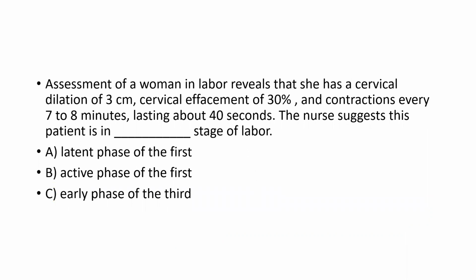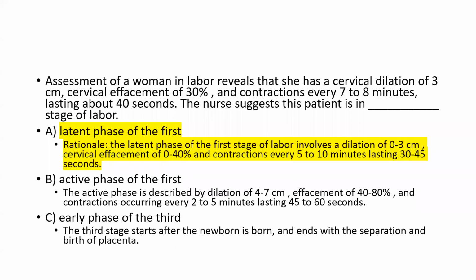Dilation of 3 centimeters, the cervix is effaced 30%, and contractions are 7 to 8 minutes, lasting about 40 seconds. Yeah, so we have these different rationales here, but I'll just go ahead and read A. Remember, the latent phase is the first phase.